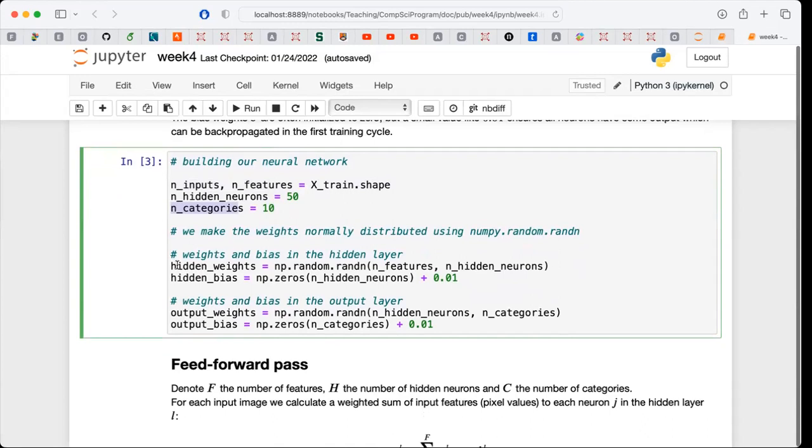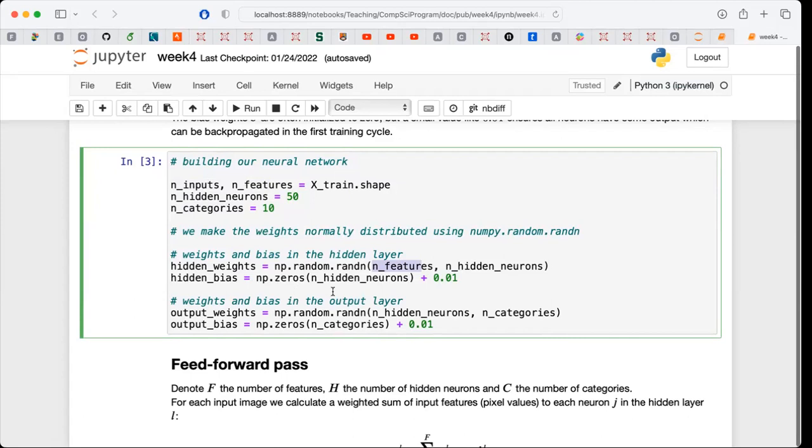And then I'm setting up the hidden weights, a matrix, which are initialized with random numbers using a normal distribution. So this is just given by the number of features and the number of hidden neurons. So if I have 64 pixels, this is 64, and I have 50 neurons, so the matrix of weights is 64 times 50. So you have 3,200 weights.